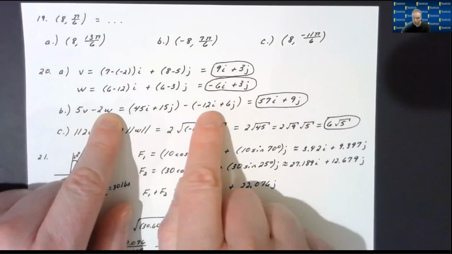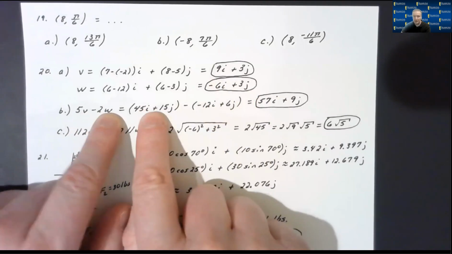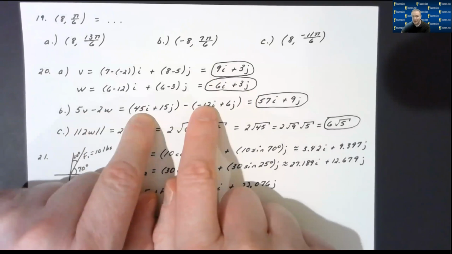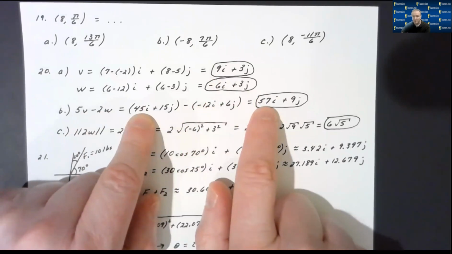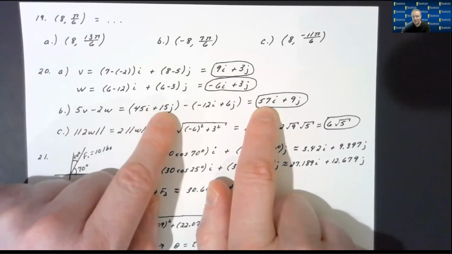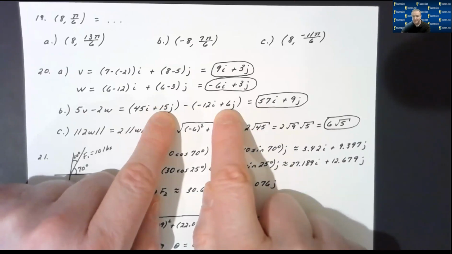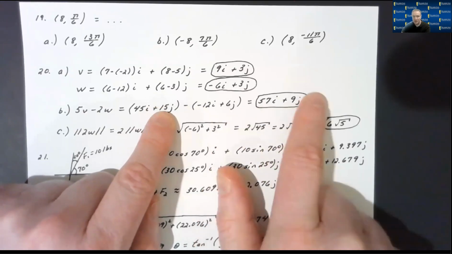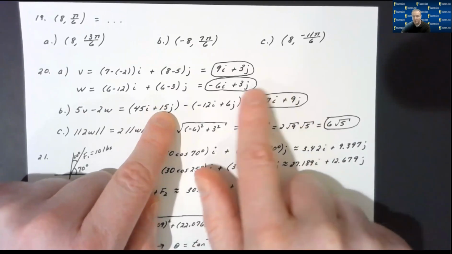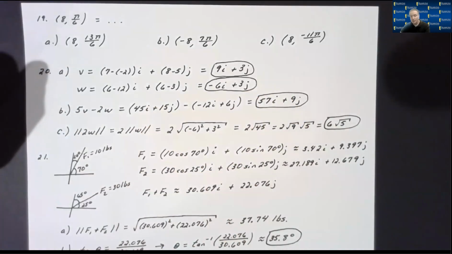Now I need to subtract that from 5v. 45i minus a negative 12i gives me positive 57i. And then 15j minus 6j gives me 9j. The combined resultant vector of 5v minus 2w is 57i plus 9j.